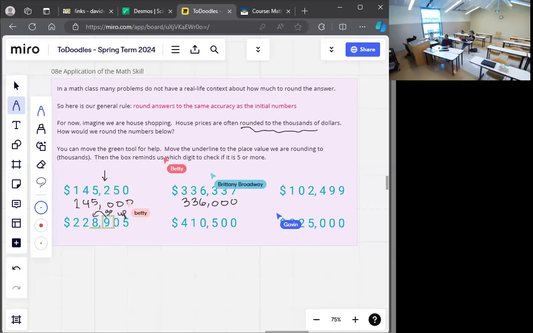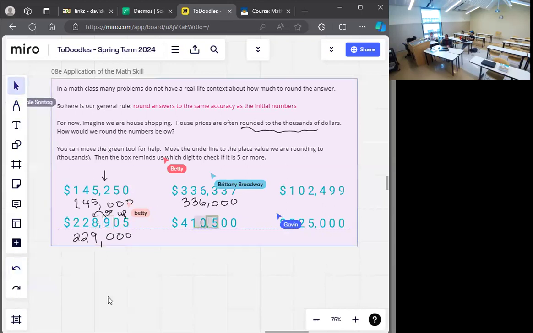It's 5 or more, so now the 8 becomes a 9. Yeah, it goes up, and then we change things to 0. So in other words, we had $905, and that's almost another 1,000, so we just put in another 1,000. Those are pretty close to each other.